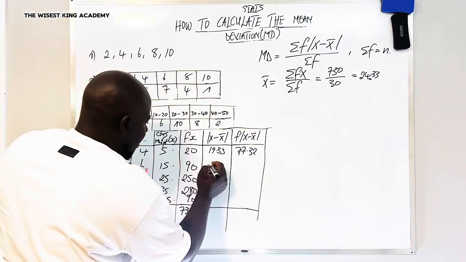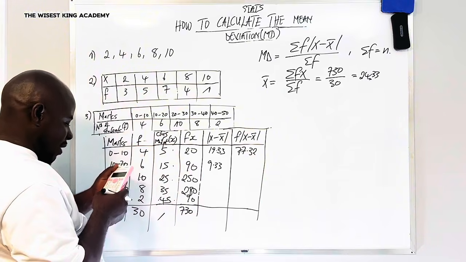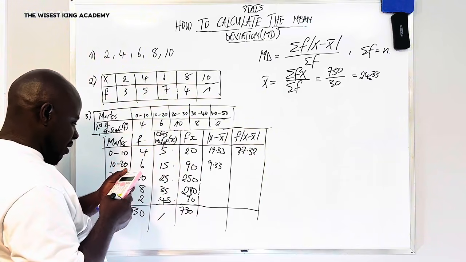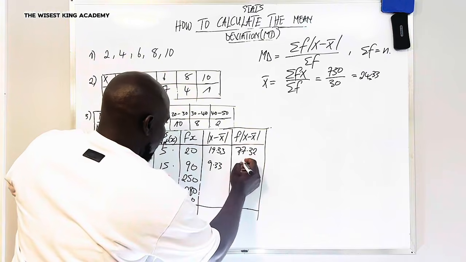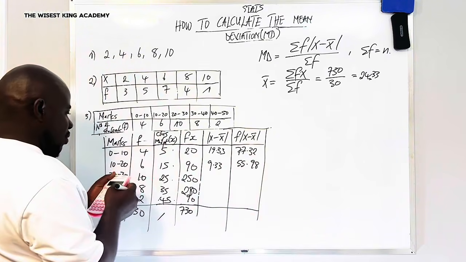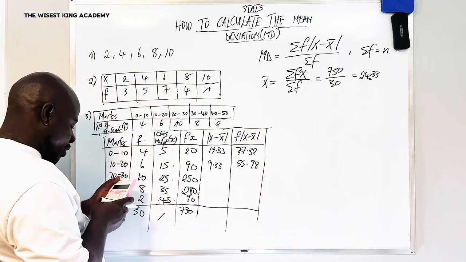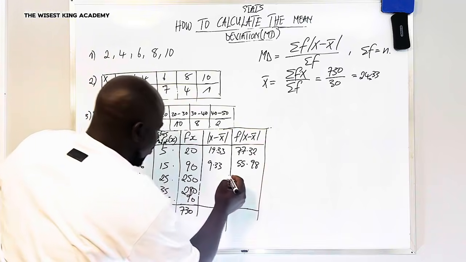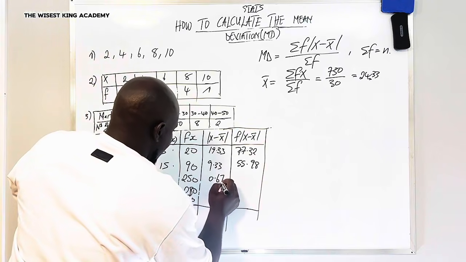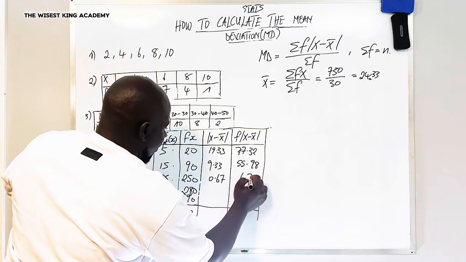That's going to give me 9.33. 9.33 times 6, that's going to give me 55.98. So 25 minus 24.33. That's going to give me 0.67. 0.67 times 10. That's going to give me 6.7.